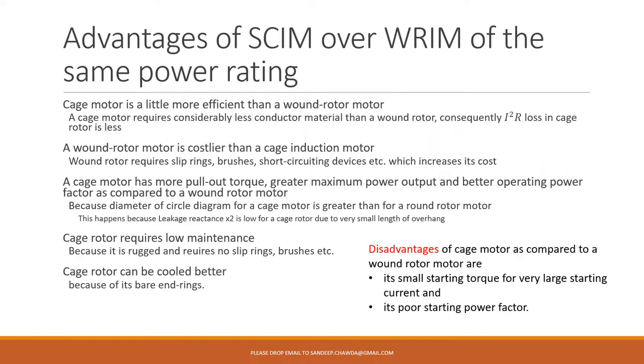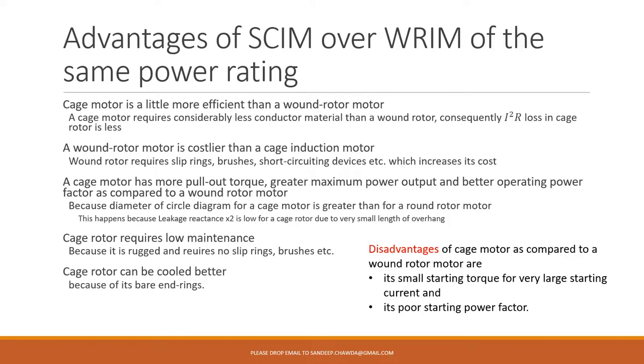So let us talk about advantages of squirrel cage induction motor over slip ring induction motor or wound rotor induction motor. See, whenever we compare, always consider the same power rating. Then only you could talk about what is the advantage and what could be the disadvantage. Do not compare two unequal things.